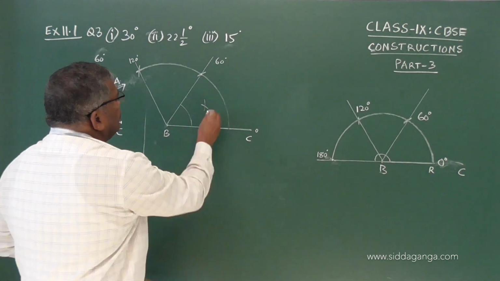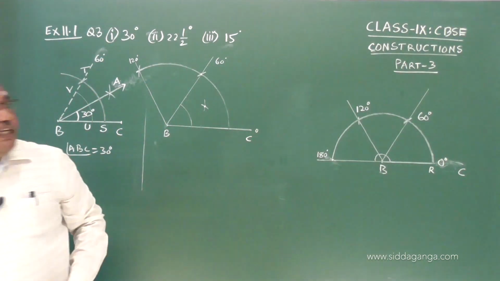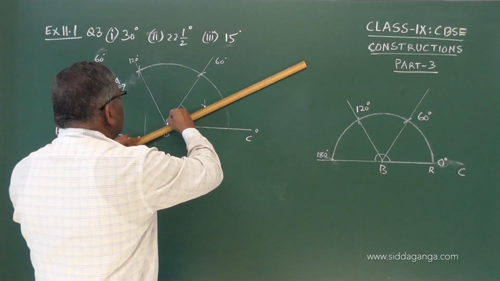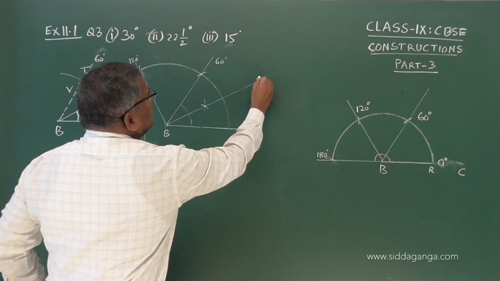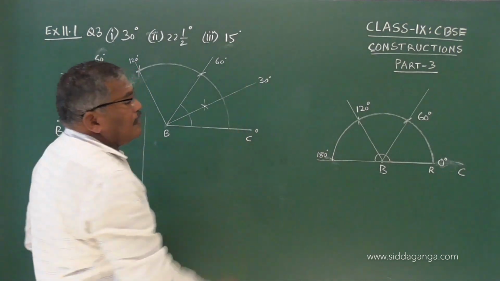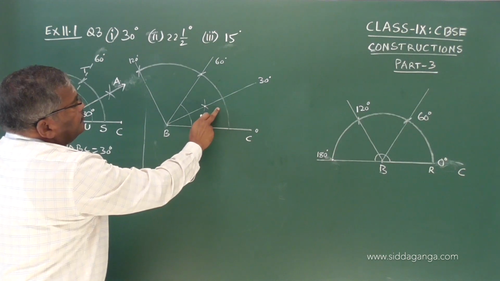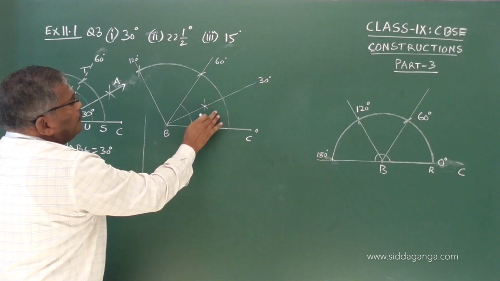So this will give us a 30 degree line. So this is the angular bisector of the 60 degree angle. So this is 30 degree. From here to here this is 30. You can see here 30 plus 30.